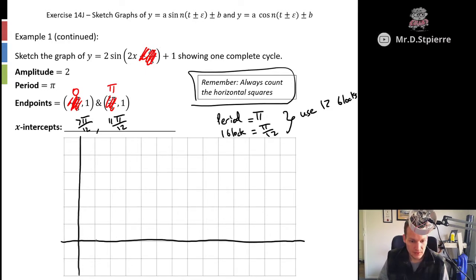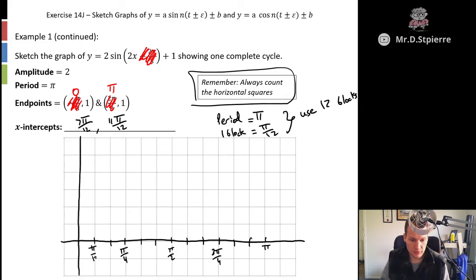Okay. 1, 2, 3, 4, 5, 6, 7, 8, 9, 10, 11, 12. That will be pi. This is going to be pi on 3, no, not pi on 3, pi on 4 would be 3 pi on 12.